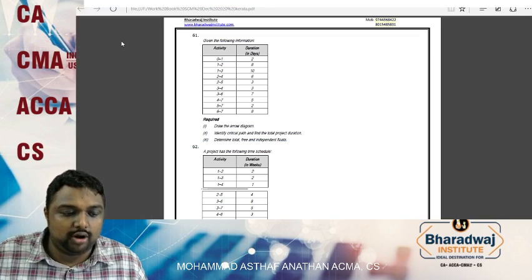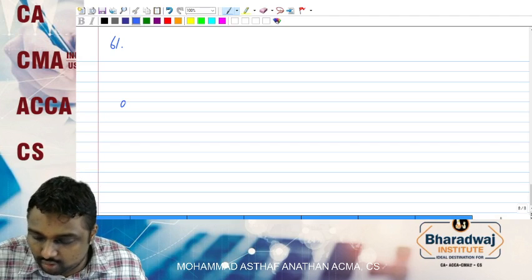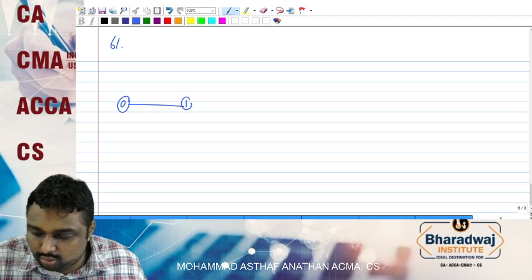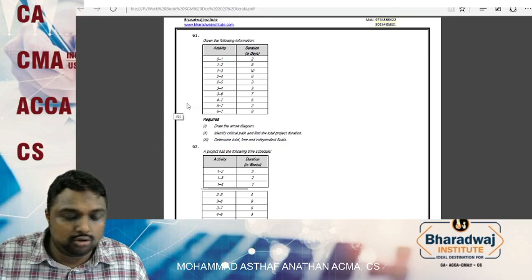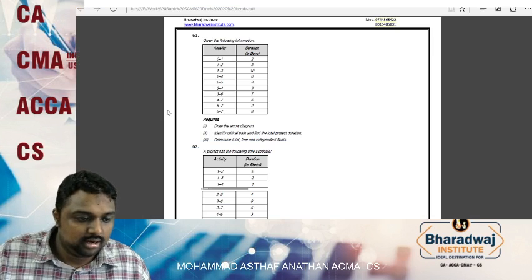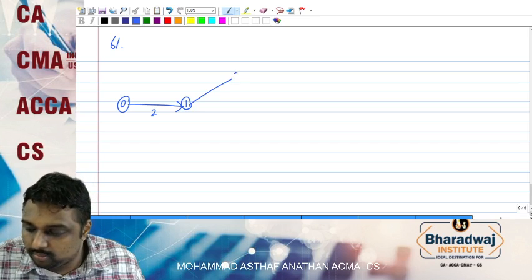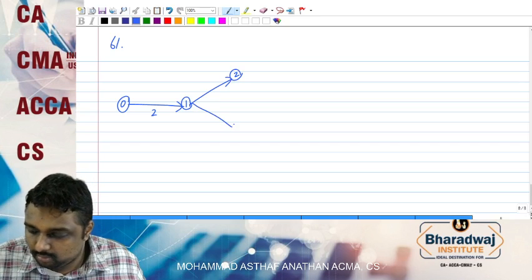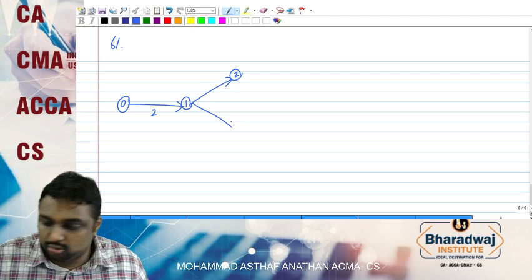So draw the arrow diagram. First we have to go with 0 to 1. 0 to 1 we have 2 digits. Then 1 to 2. Then 1 to 3.